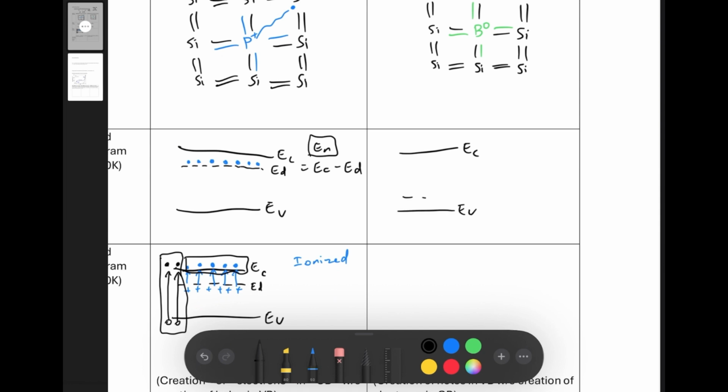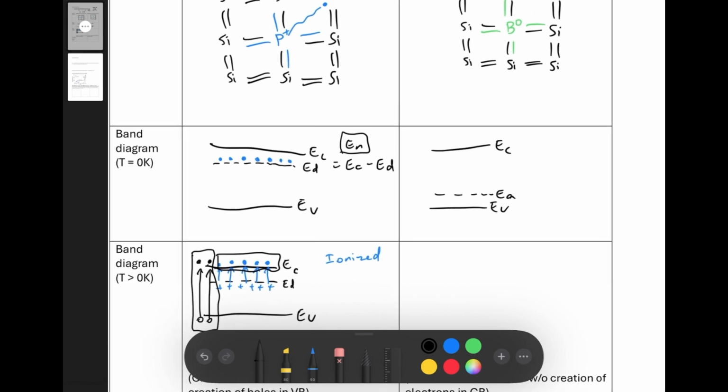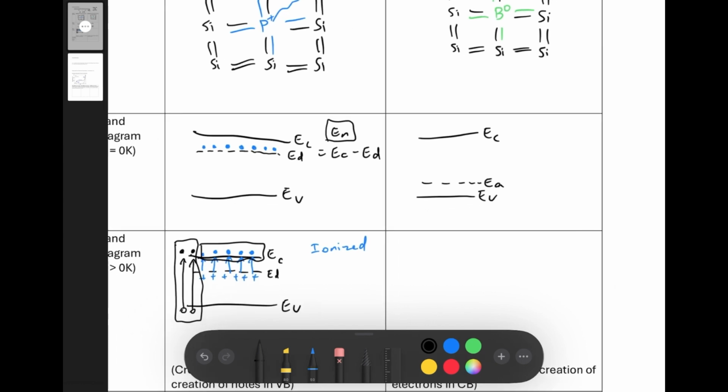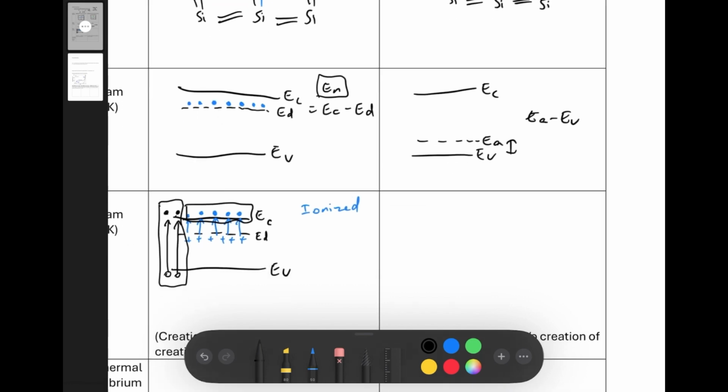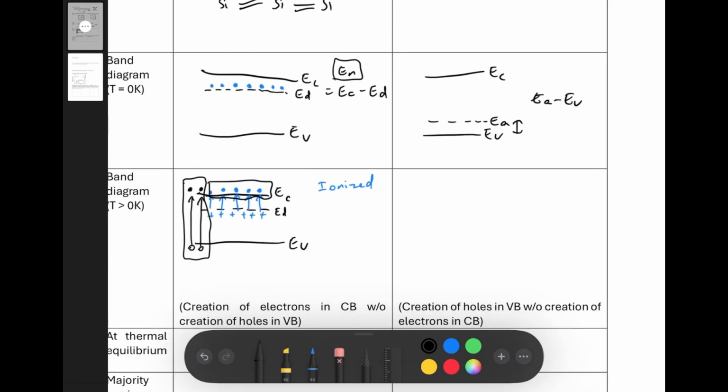So instead of the donor energy level, we now have an acceptor energy level. Essentially, this is at 0K, and the acceptor level is empty. In order for the electrons from the valence band to be elevated to the acceptor level, they need to gain an energy of EA minus EV, because there's a distance between the acceptor energy level and the valence band.